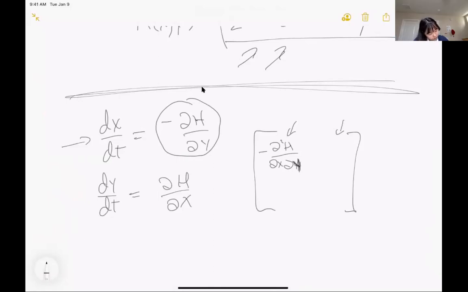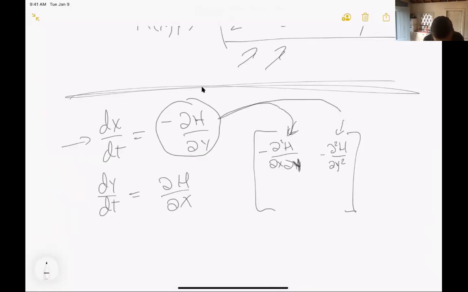It's the negative partial squared of h, but both are with respect to x. Almost. Or with respect to y, with respect to x, sorry. It's just with respect to y. I take the first function and I differentiate to get the first entry. Sorry, I'm misspeaking. The derivative with respect to x gives you that, and the derivative with respect to y gives you that.